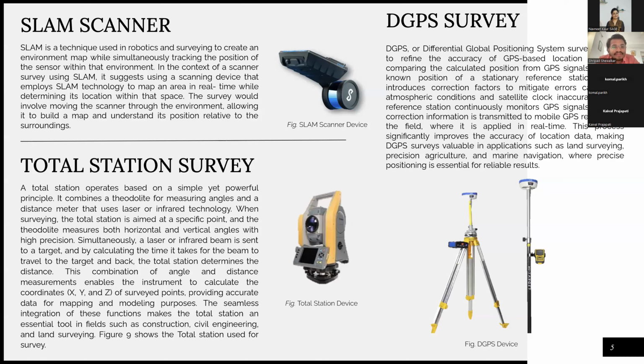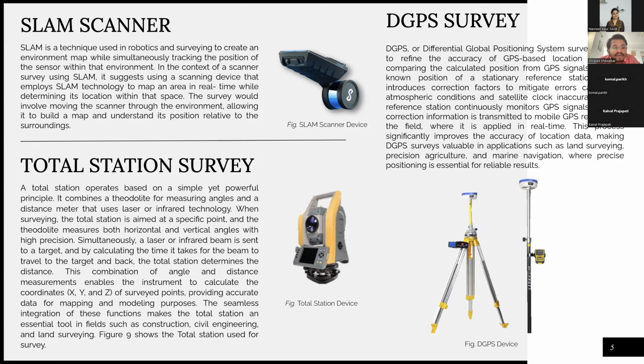It employs SLAM technology to map an area in real time while determining its location within that space. The survey involves moving the scanner through the environment, allowing it to build a map and understand its position relative to the surroundings.